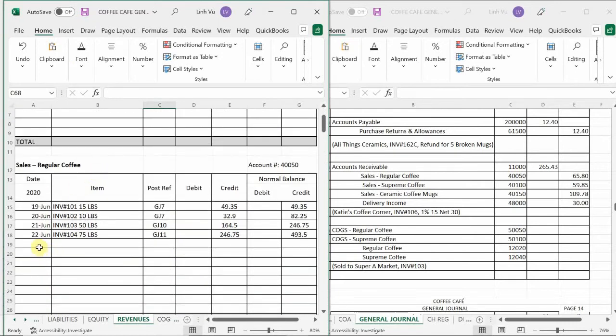On the 24th, invoice 106 for 20 pounds. Page 13, credit of 65.80.